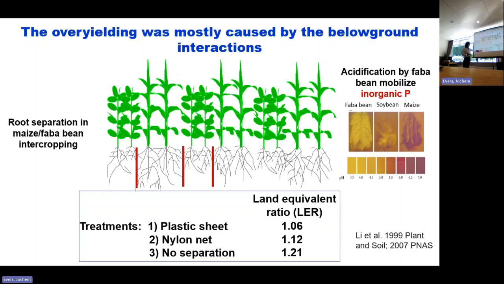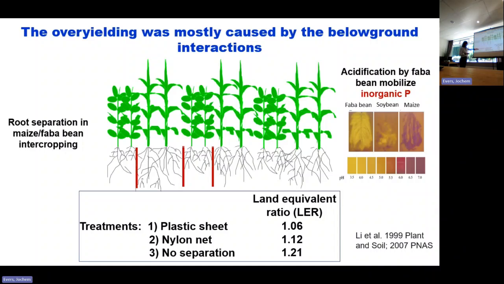The second is the nylon net, so it's a mesh. The roots cannot transfer, and there is no root interactions, but the chemical root exudates can transfer. The other one is no separation, so there is root interactions.